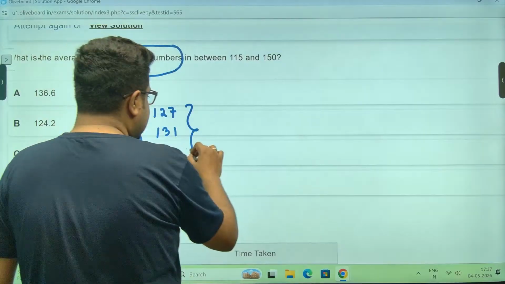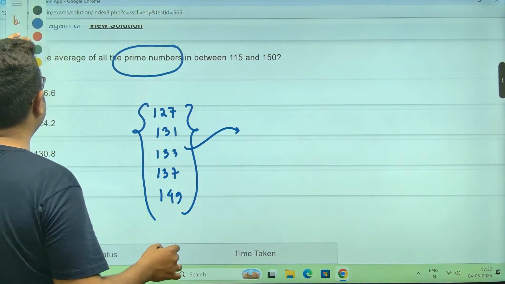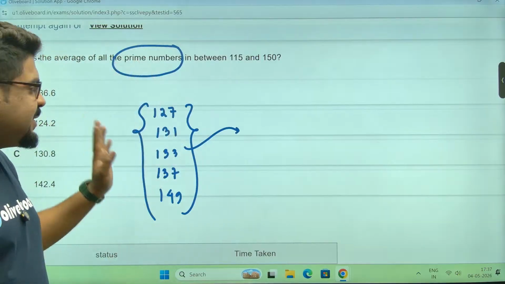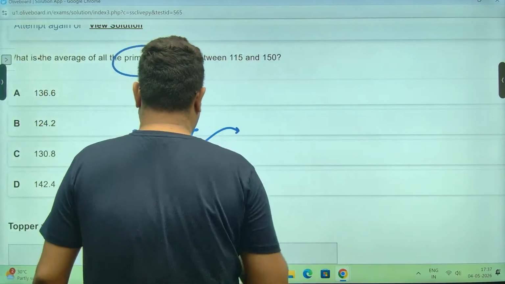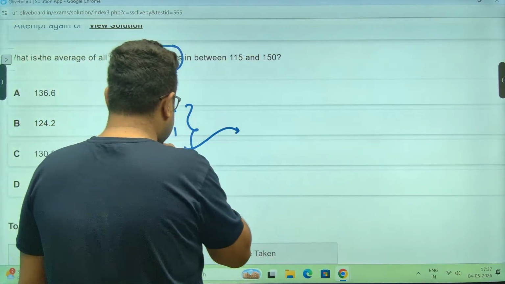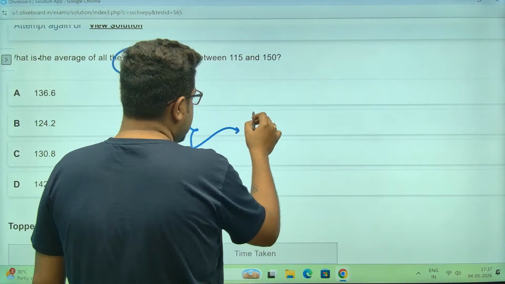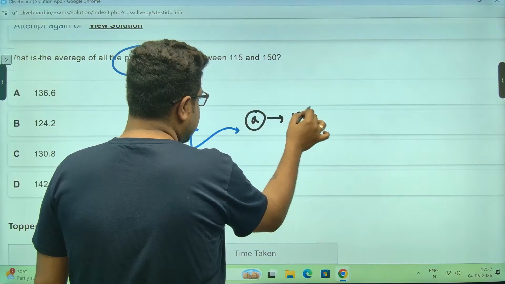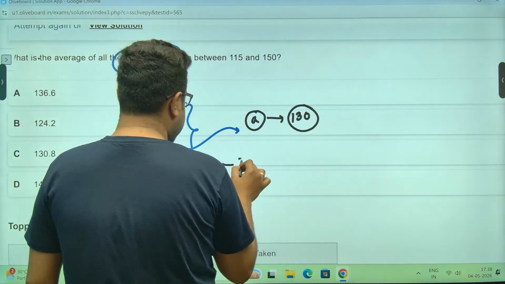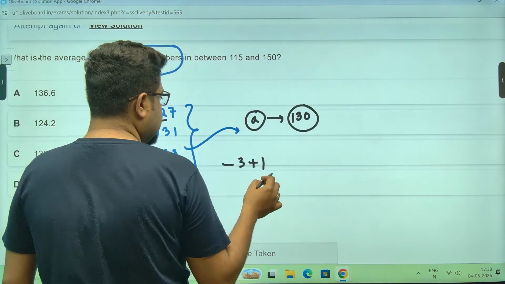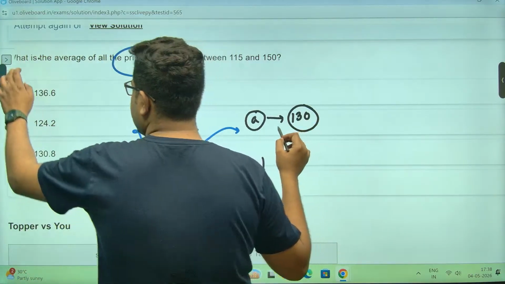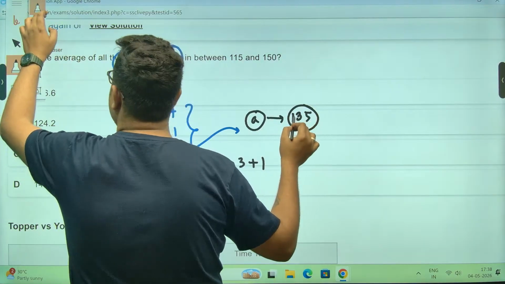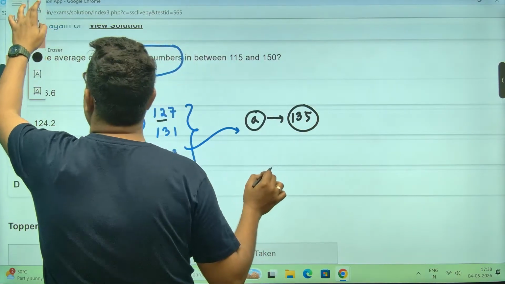Let's see if I'm correct. It will match the answer, right? That way I can get to know. At least my answer will be one of the options. Let's take the average as 130, assumed mean. Actually, not 130, I'll take 135.